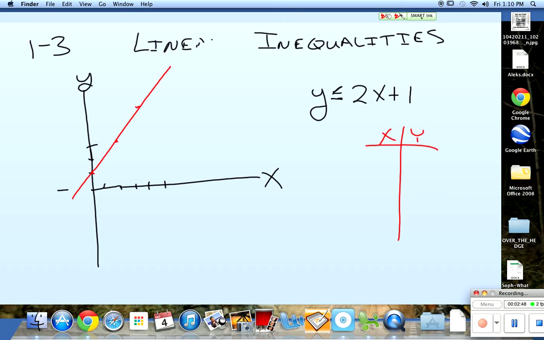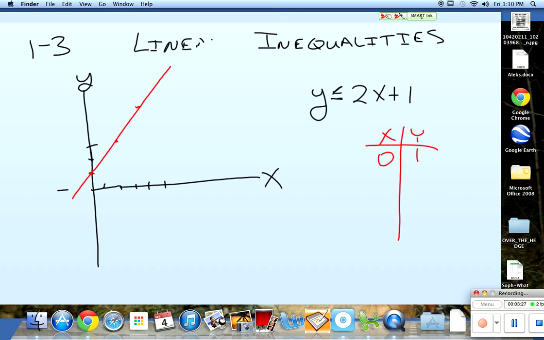What was the result? How are we going to find which side to shade in? What will we do? I'm going to put in my 0 here, and I found out that if x is 0, it's going to be 1, right? So I know this is the point. What if I set y to 0?